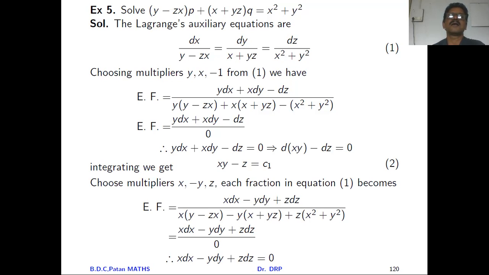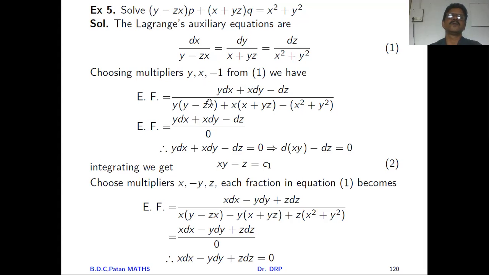under the topic of simultaneous linear equations. So you select two different sets of multipliers to get the two independent solutions, u equal to c1 and v equal to c2. So you choose the set of multipliers in such a way that the numerator becomes an exact differential, and at the same time the denominator is equal to 0.